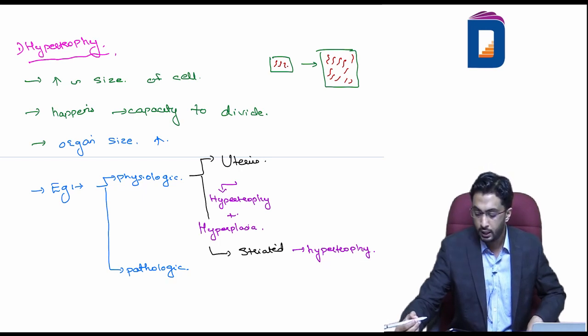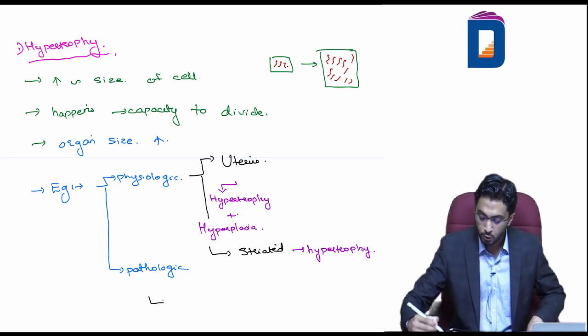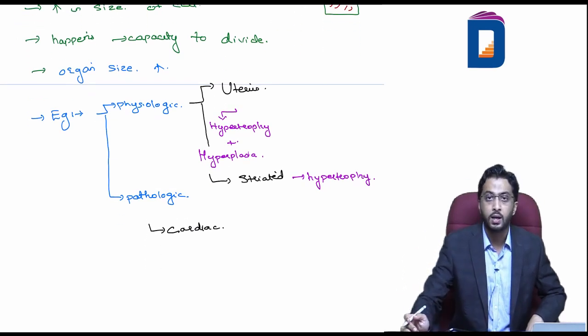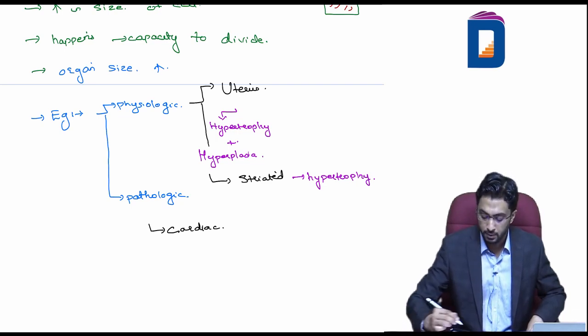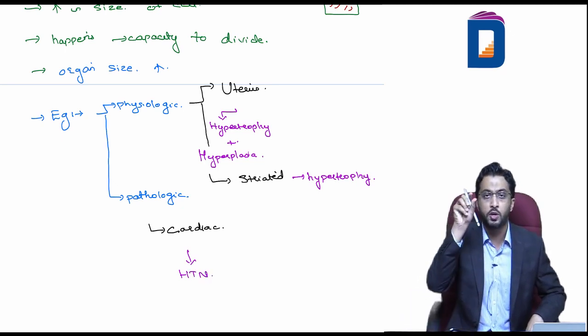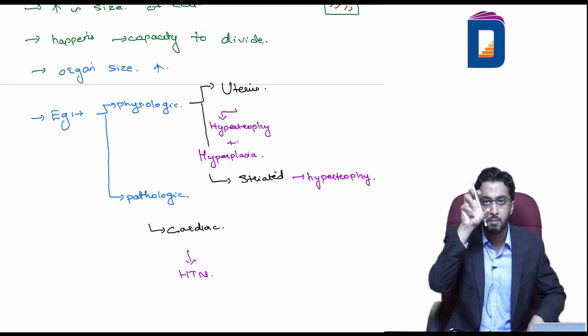Now, if you come to pathologic hypertrophy, you have a typical example, the cardiac muscle. Under the influence of hypertension, if a patient is suffering from hypertension, there is vasoconstriction, so there is increased peripheral resistance, and the heart has to pump at a much higher force.